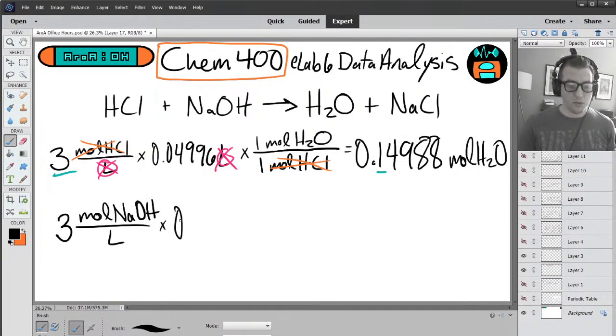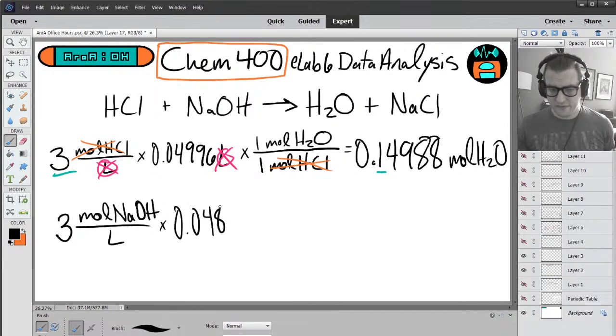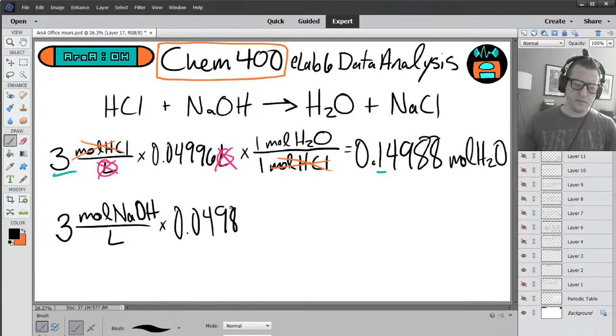We need to multiply our molarity of sodium hydroxide by our volume in liters. So our volume of sodium hydroxide was 49.85, I think. 86. No, 85, sorry. 49.85 milliliters.